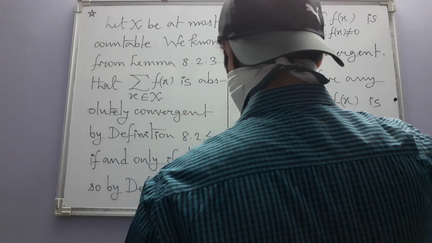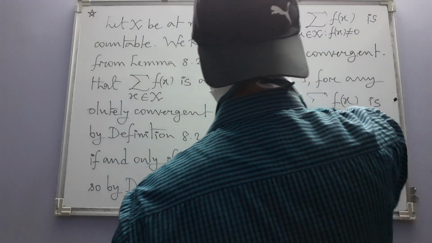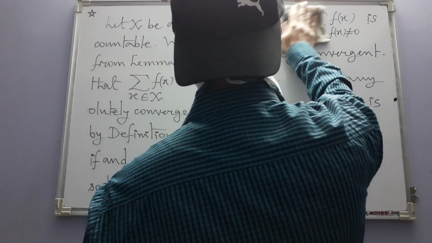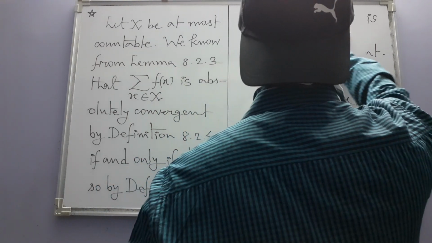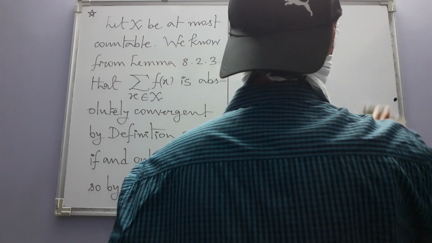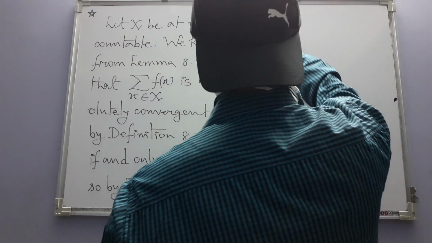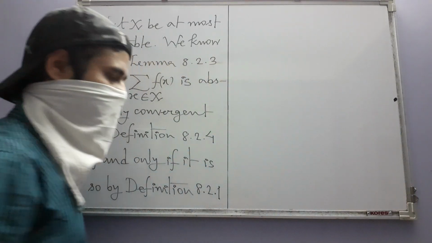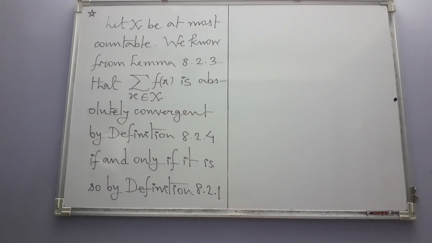It's not exactly definition 8.2.1 we are talking about, but rather its slight extension, which talks not only about countable sets but about sums over finite sets as well.